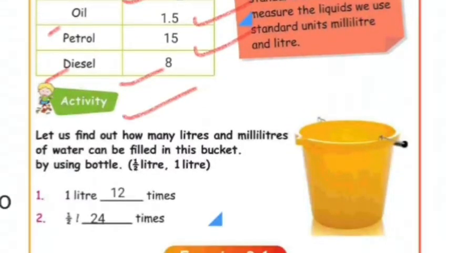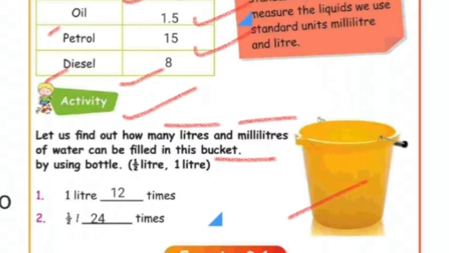Now here is activity 2, let us find out how many liters and milliliters of water can be filled in this bucket. Look, observe this bucket. The standard unit of the water bottle is half liter or 1 liter.